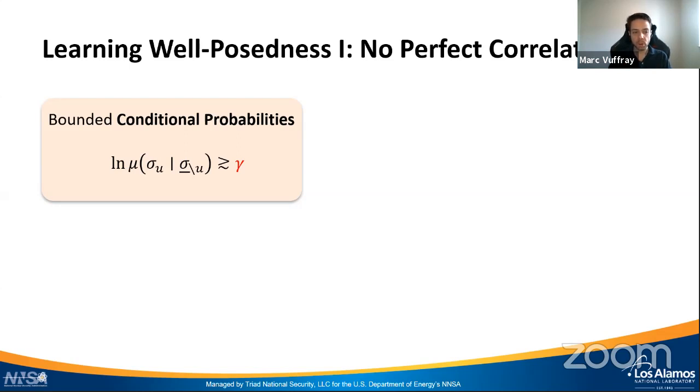And this measure of correlation, or perfect correlation, between two variables is usually represented using the log of the conditional probability distribution. So you want the conditional likelihood not to be less than gamma for any assignment of the neighbors of a certain variable. That gives you a strength of how much variables are correlated in the worst case.